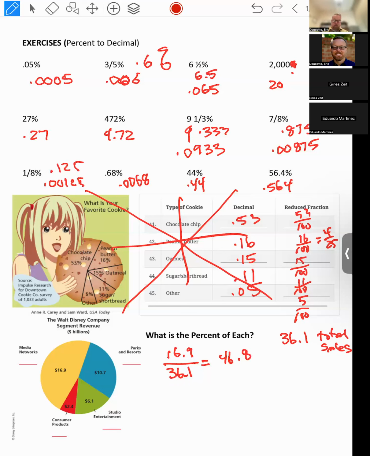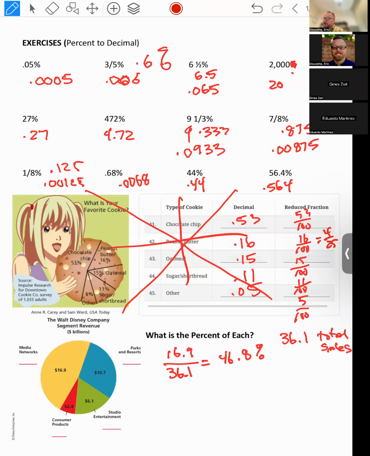So that would be $46.8 billion of each one. So does that make sense? So that's the dollar value of each one, 46.8. Sorry, hold on. Percent, sorry.